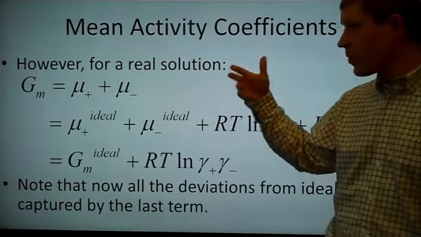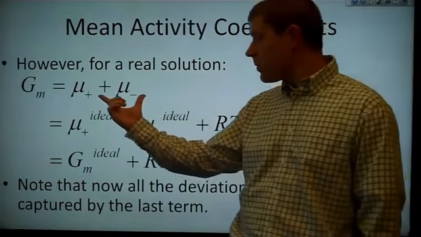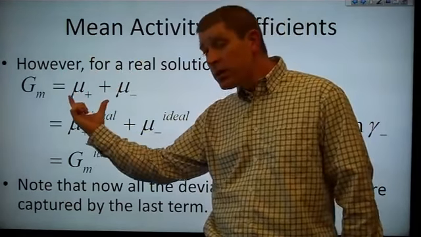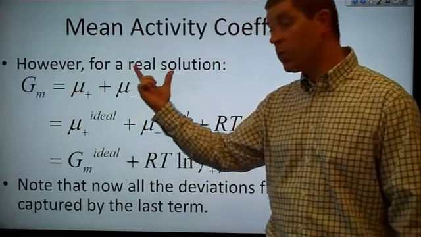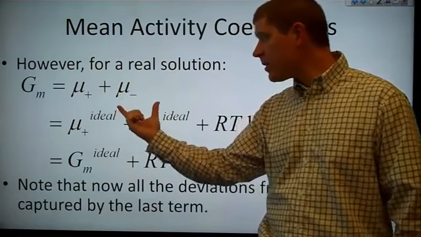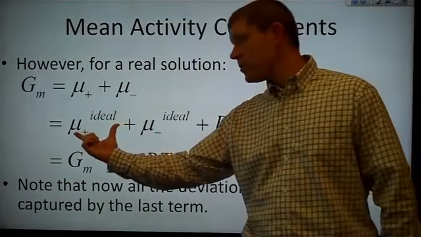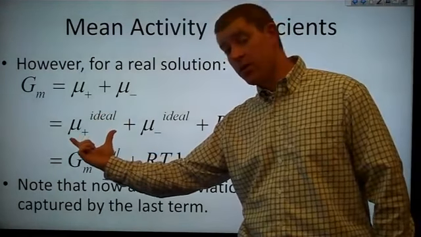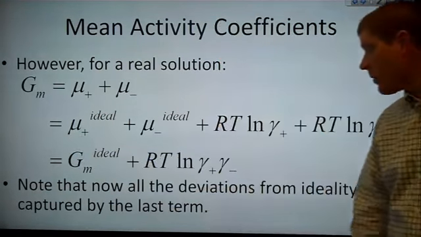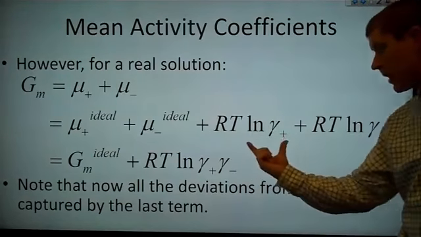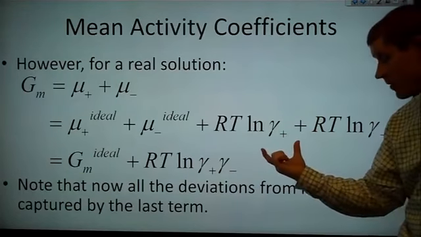But this means that for a real solution, the molar Gibbs energy is equal to the real chemical potential of our cation plus the real chemical potential of our anion. Well, each of those can get separated out into two terms: one term that is our chemical potential ideally, and one term that is the deviation from ideality, RT times the natural log of our activity coefficient.